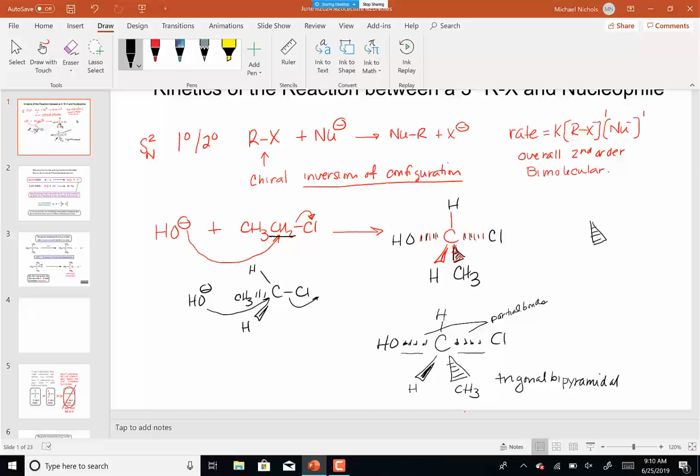And then as the chloride leaves, those bonds are going to go from being flat to then moving so that we invert the chiral center.